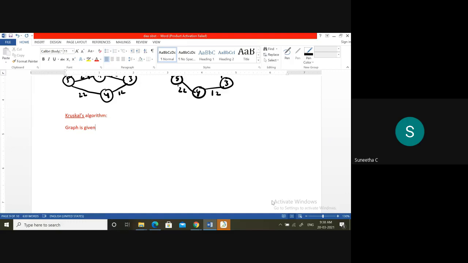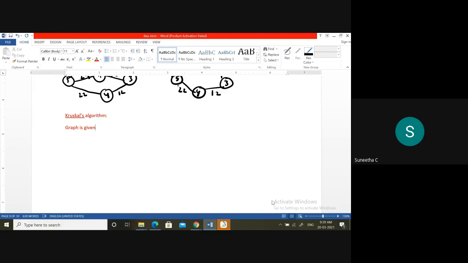For that, first of all we have to select the minimum cost edge and add that edge to the spanning tree. Next, we select the next minimum cost edge and add it to the spanning tree. Like that, every time we have to select the minimum cost edge from the graph and add that edge to the spanning tree. Okay, that is one procedure.